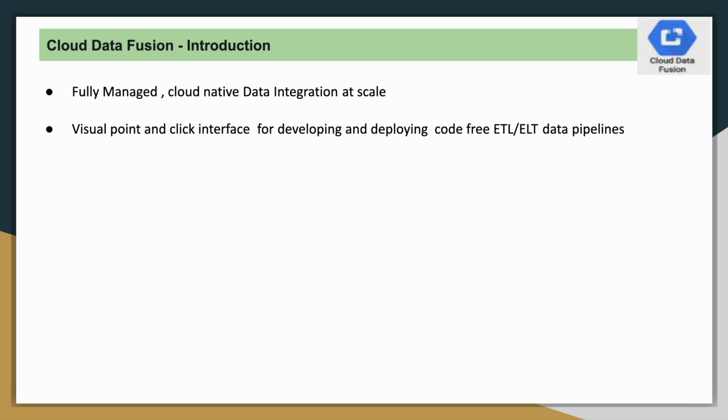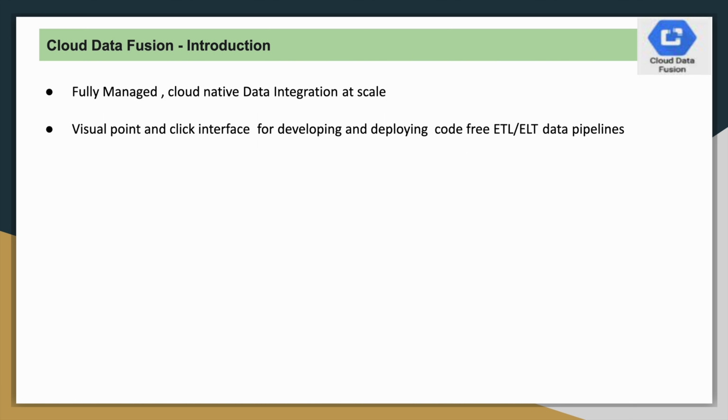With this service, it usually provides a visual point and click interface where you will just drag and drop the required components of the pipeline like various sources and transformations, and then the sinks or targets, and then you will perform your transformation visually. Then you will deploy your pipeline and you will even monitor your pipeline with the integrated monitoring environment.